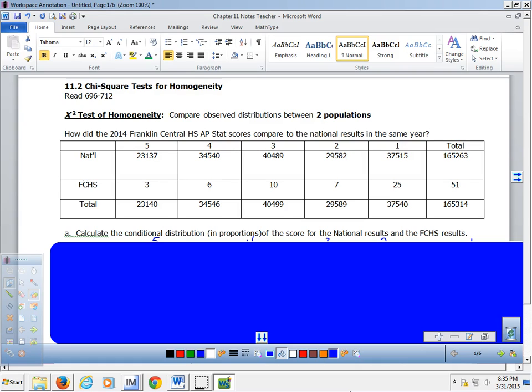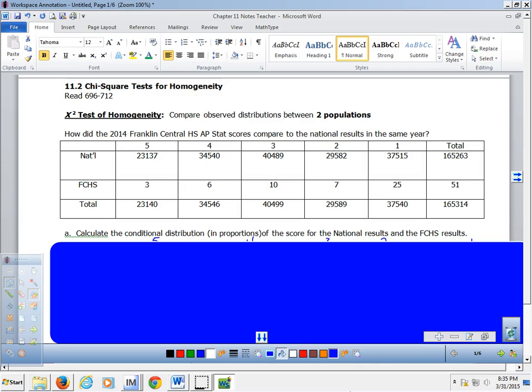Okay, so you see those numbers there. You may need to change the numbers on your note sheet because your note sheet is using some other schools' scores. I thought it'd be more interesting if we used Franklin Central scores. So as I'm talking here, you might want to change those numbers over.